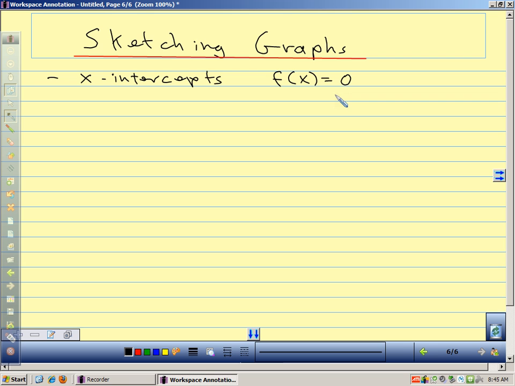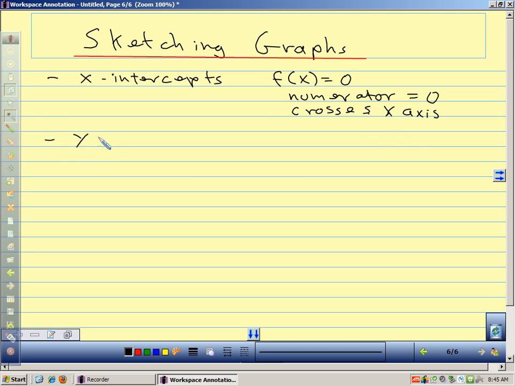So we set the function equal to 0, and for a rational function, our function is 0 where the numerator is 0. Our x-intercepts are where the graph crosses the x-axis.